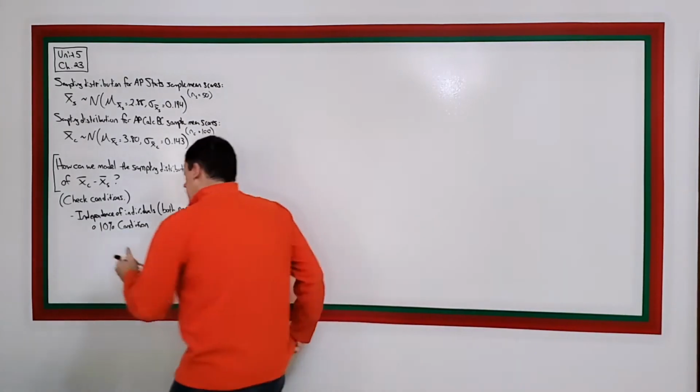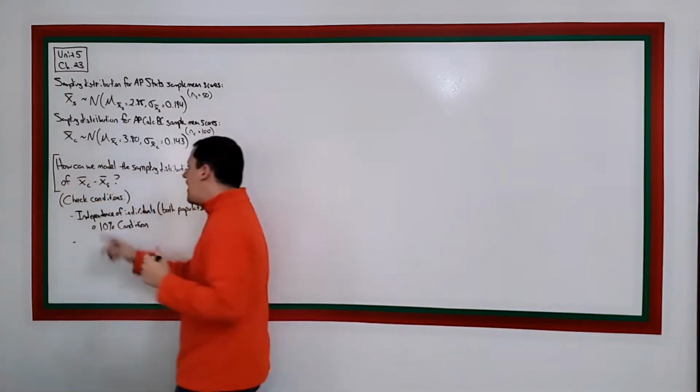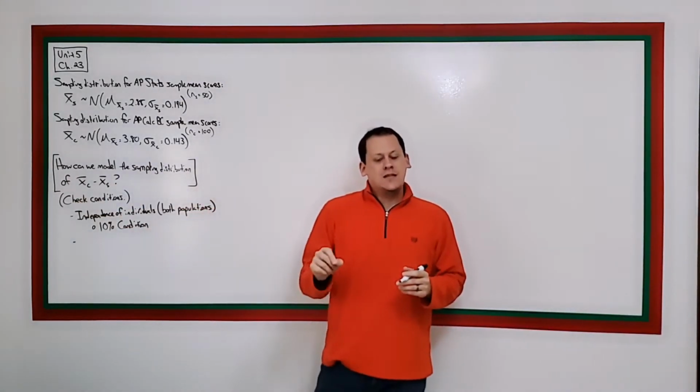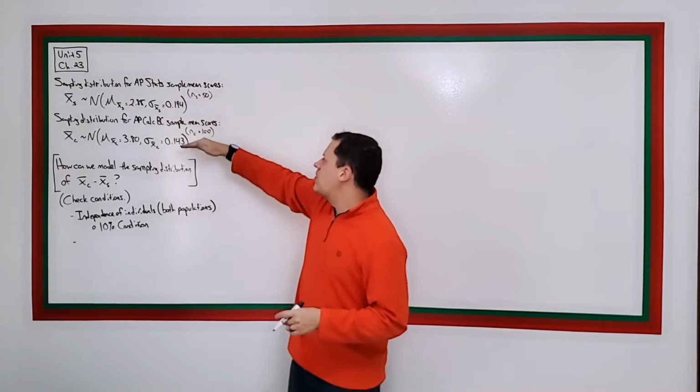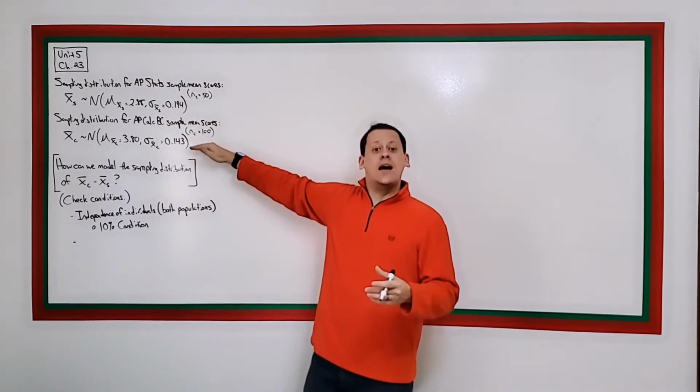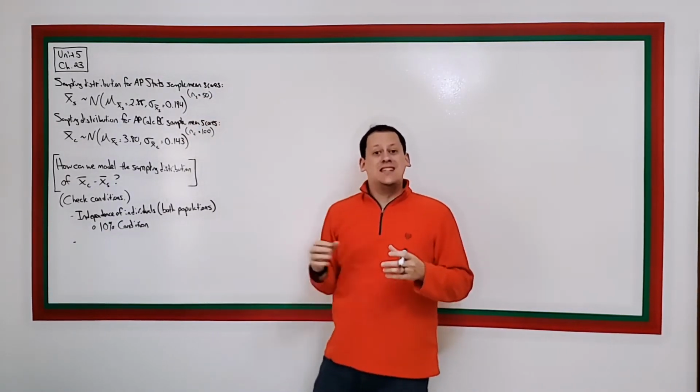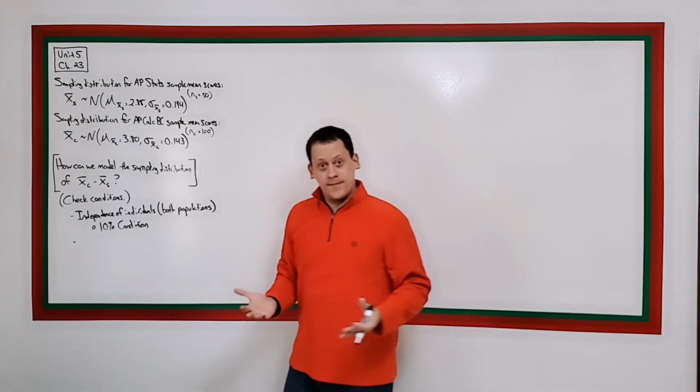The next one, since we have two populations here, there is a condition that we need to check that we didn't need to when we were only looking at one population at a time. And these populations need to be independent of each other.